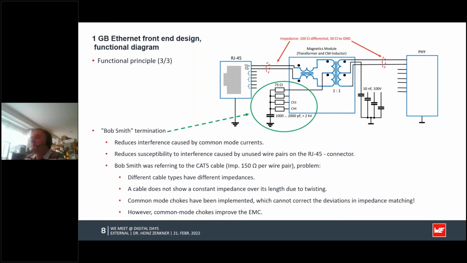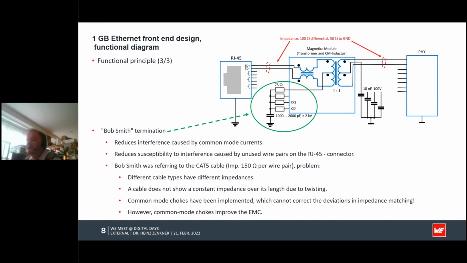But Bob Smith, many years ago, who invented that kind of impedance matching, referred the whole thing to 150 ohms per wire pair. And if we use another kind of cable, then we cannot match the impedance exactly, because we have different kinds of cables.